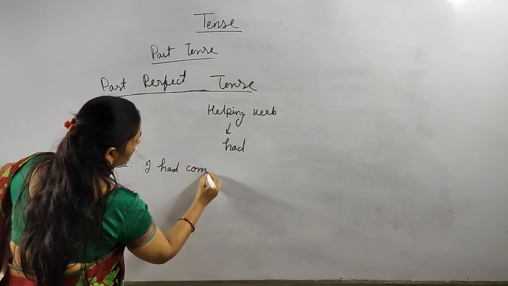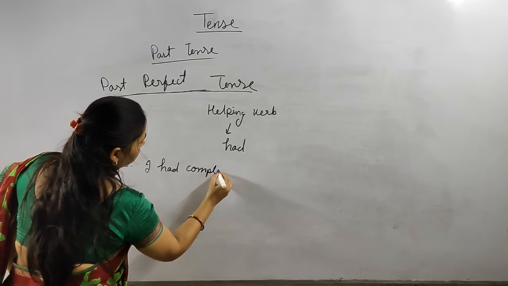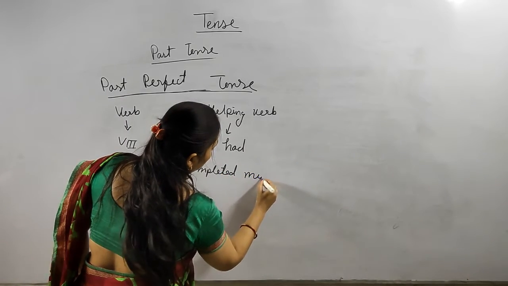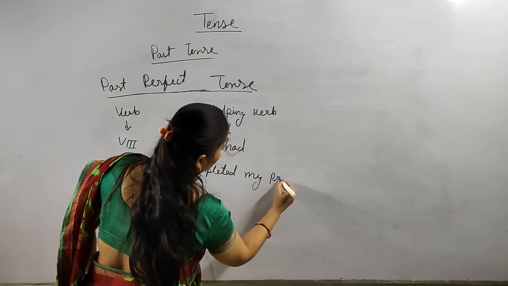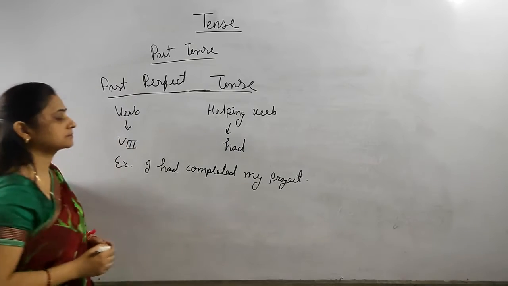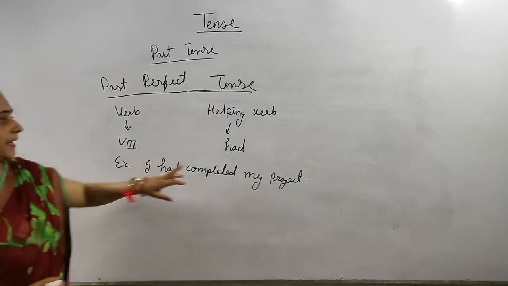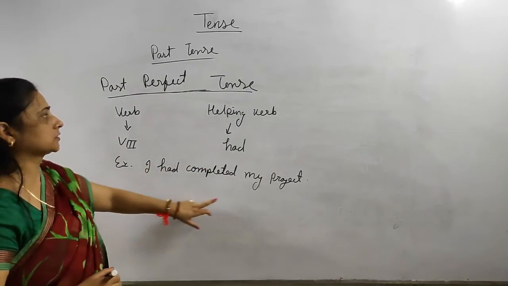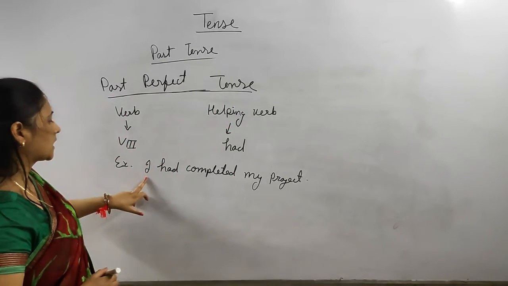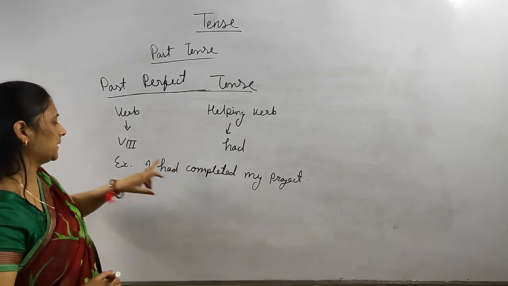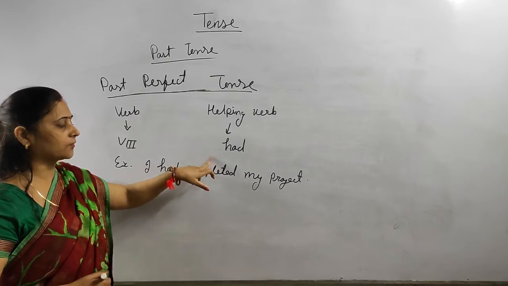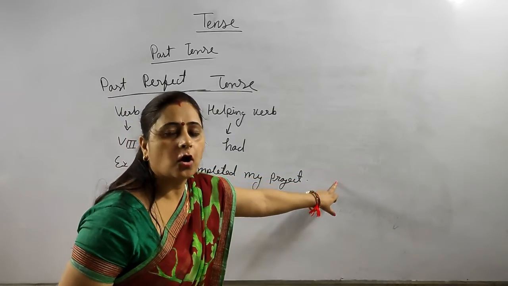I had completed my project. So I think it was the explanation of the past perfect tense. I had completed means: I is the subject, then the helping verb, then the verb, the third form of the verb, then object, then complement.